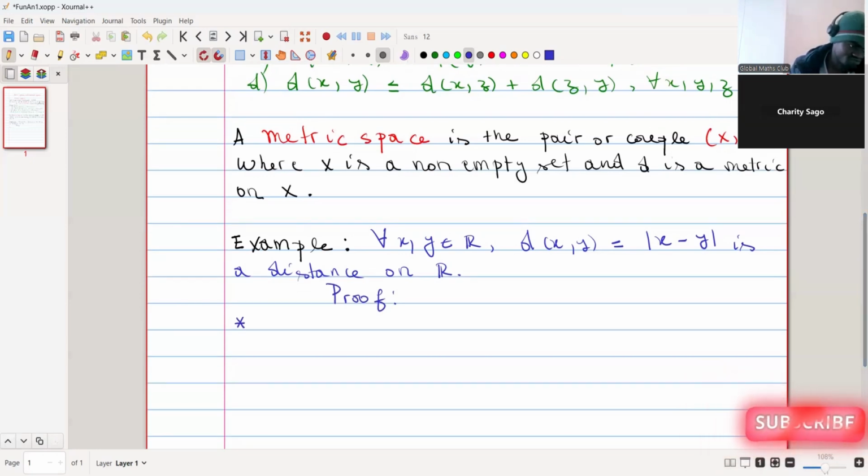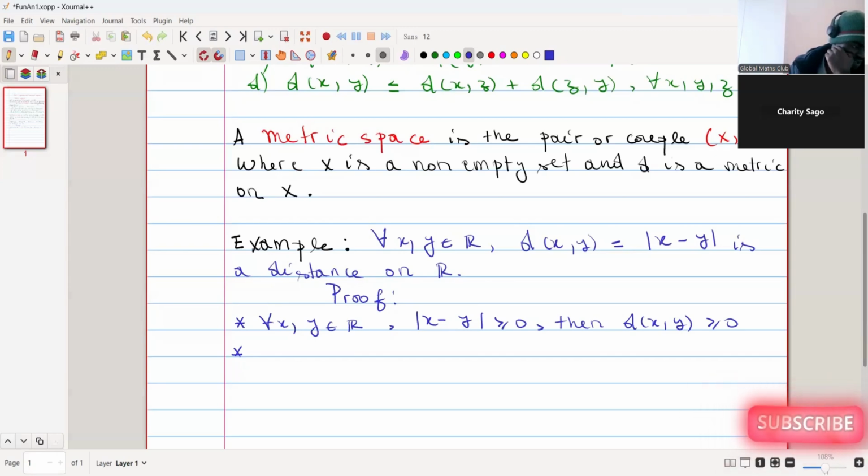So for all x and y in R, the absolute value is always greater than or equal to 0, right? This is always positive. Yes. Then the distance between x and y is positive.